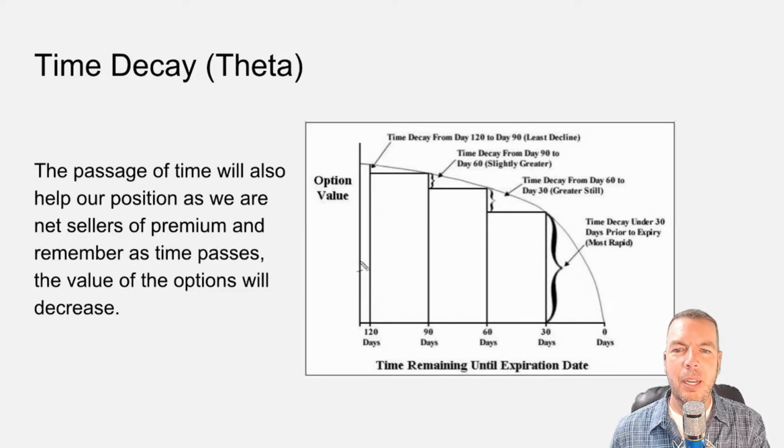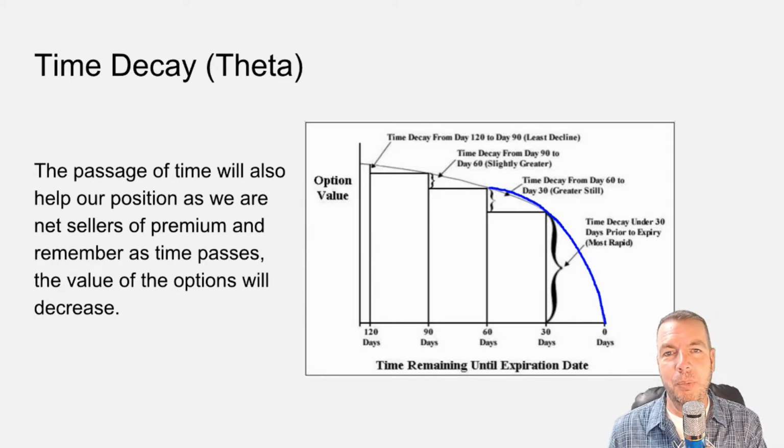If you remember from past videos on the option value and time decay chart, from about 60 days forward is when we really start to lose a lot of the value of those options. And that's what we want when we're sellers of options. We want that value to decrease so that we can buy those back at a later date.